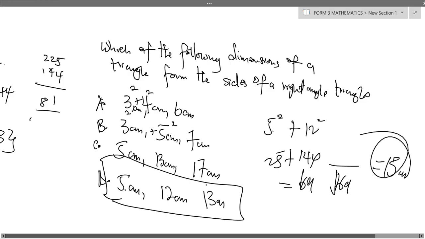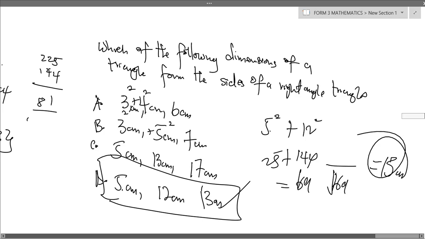So the answer is D. This is the perfect triple that fits the Pythagorean theorem, hence it follows the dimensions of a right angle triangle.